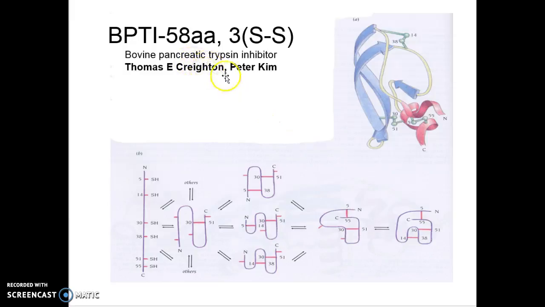by using this protein. You are looking at the bovine pancreatic trypsin inhibitor, BPTI, that has three disulfide bonds, as you see here, between 14 and 38, and 30 and 51, 55 and 5. Okay, so schematically, the native form is with three disulfide bonds.